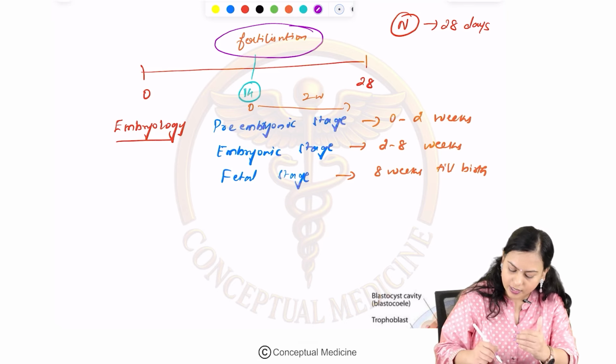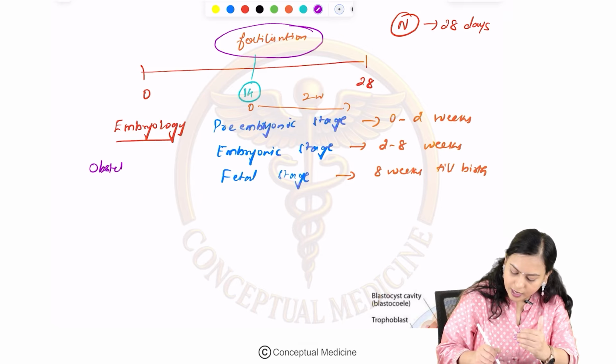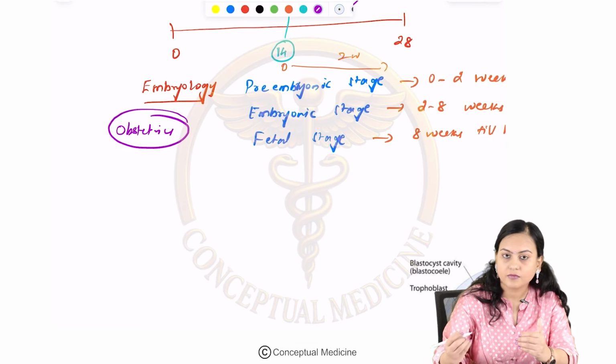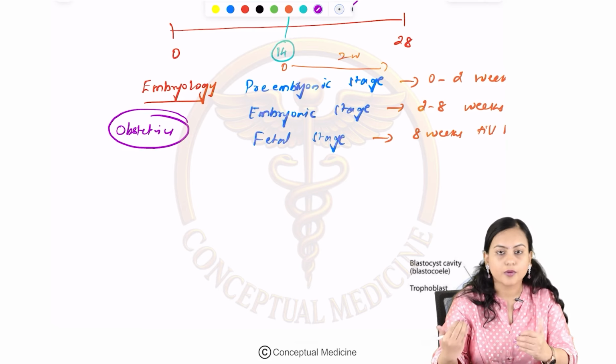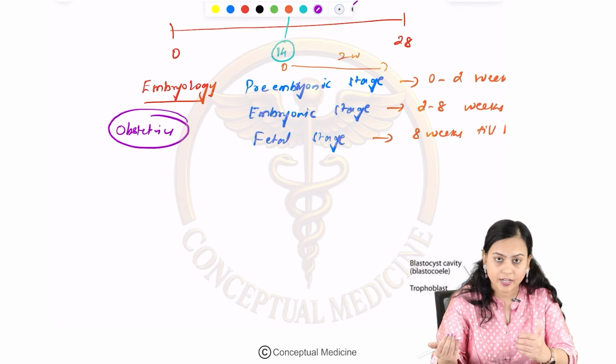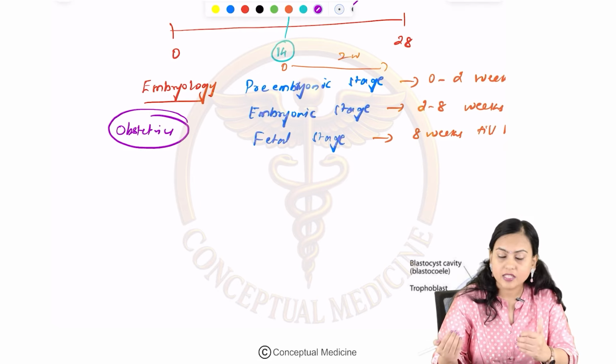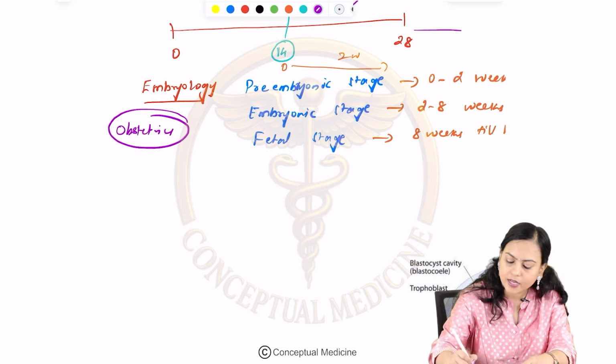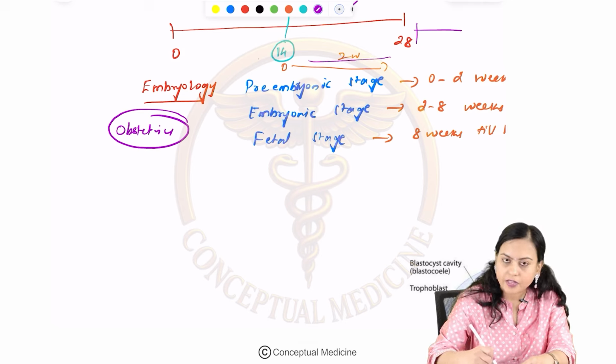But what we are going to consider in obstetrics, basically what we see clinically, right? Most of the times a woman comes to the clinic with her UPT positive or suspicious of pregnancy at her missed period only. But her conception will be taken from the last menstrual period, right?